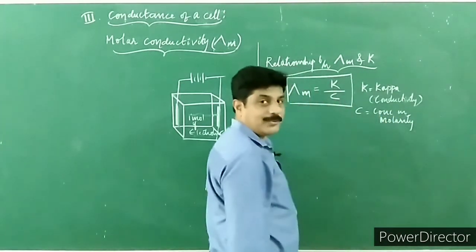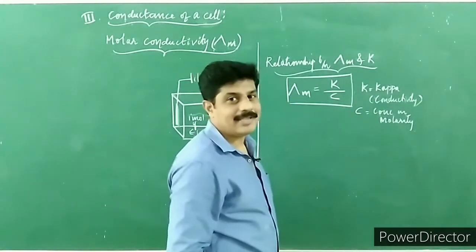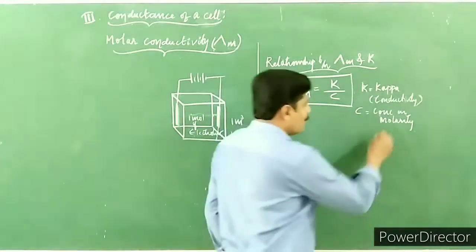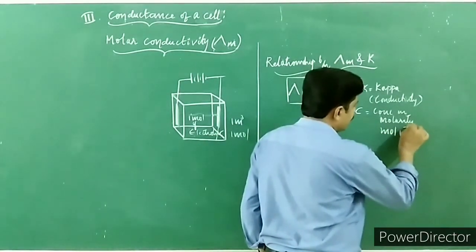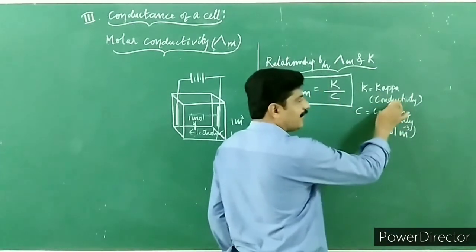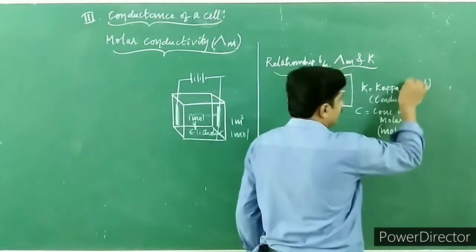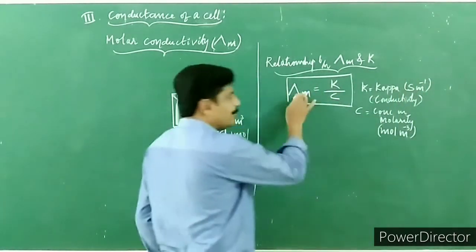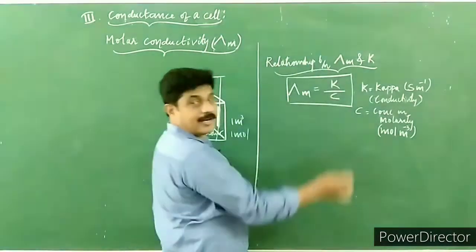Children, you know the unit of concentration in terms of molarity. Tell me, what is that? It is mole per meter cube, is it not? Whereas the unit of conductivity is Siemens per meter. In that case, what would be the unit of lambda m, or molar conductivity?